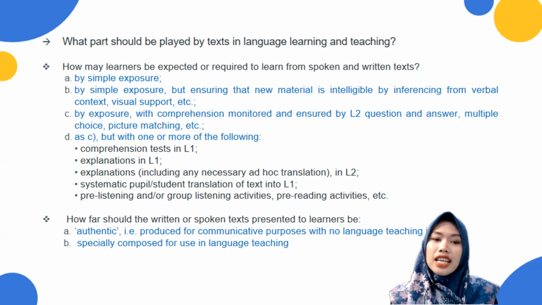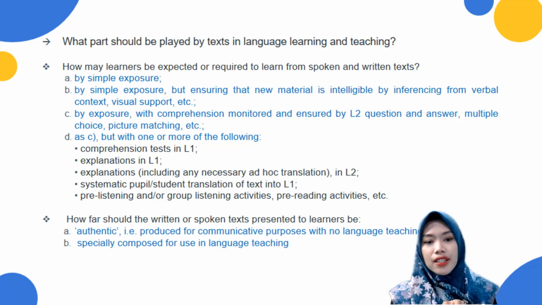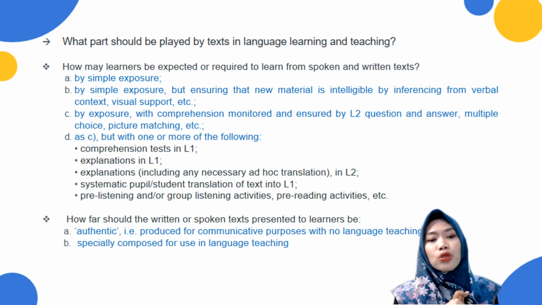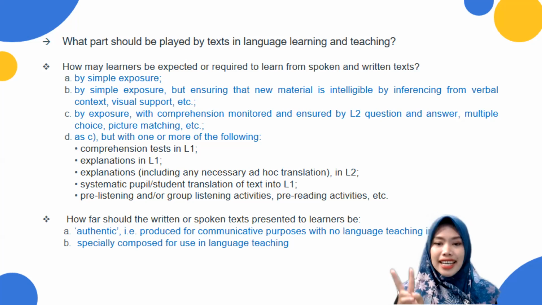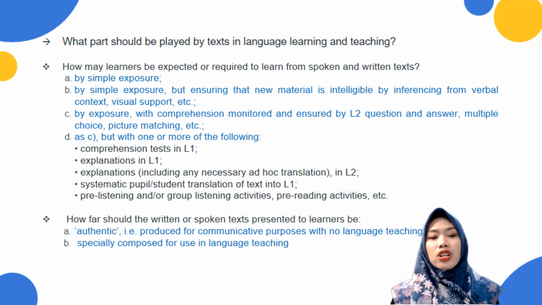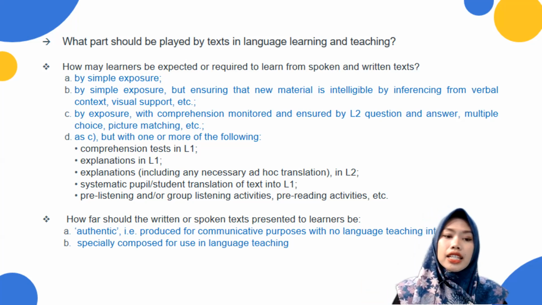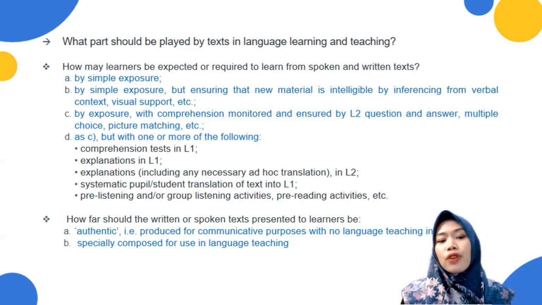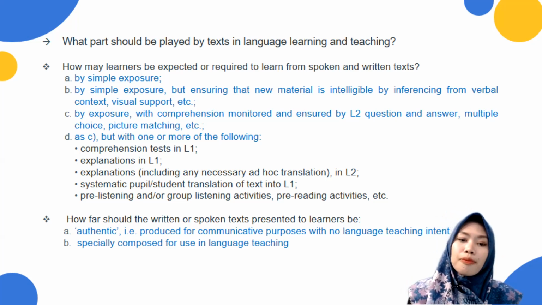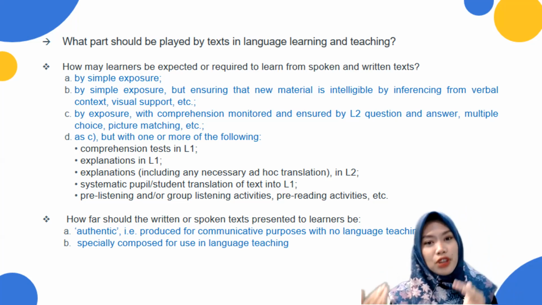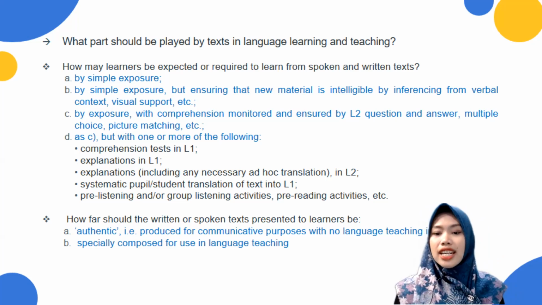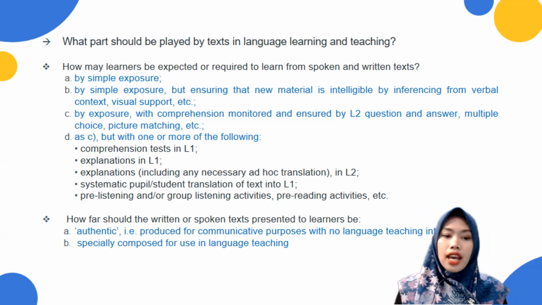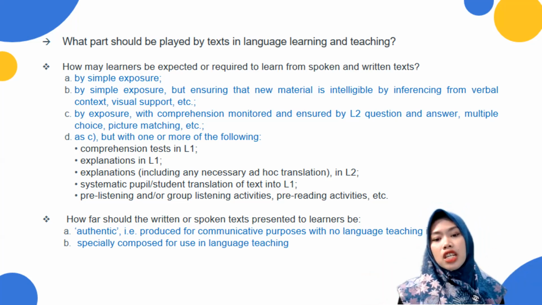The second is by simple exposure, but ensuring that new material is intelligible by inferencing from verbal context, visual support, etc. And the third is by exposure with comprehension, monitored and answered by second language question and answer, multiple choice, picture matching, etc. And the fourth is same as the third point, but with one more of the following: comprehension test in the first language, explanation in first language, explanation including any necessary ad hoc translation in second language, systematic pupil or student translation of text into first language, and free listening and or group listening activities and free reading activities.